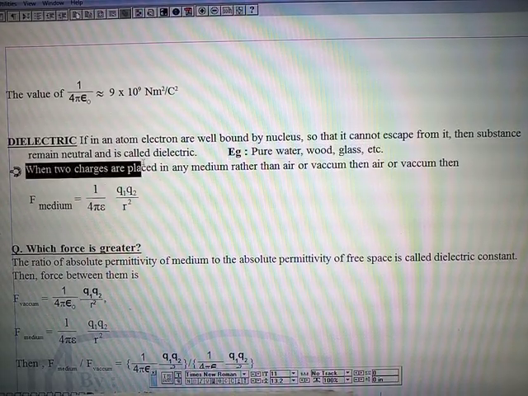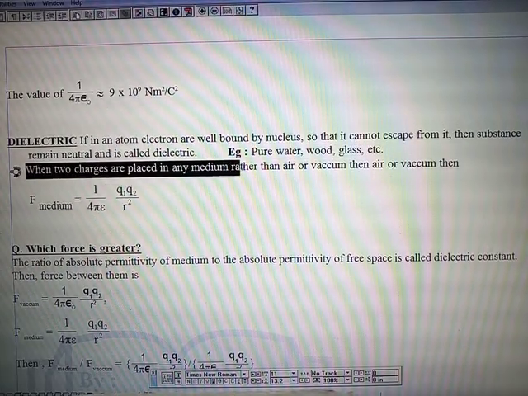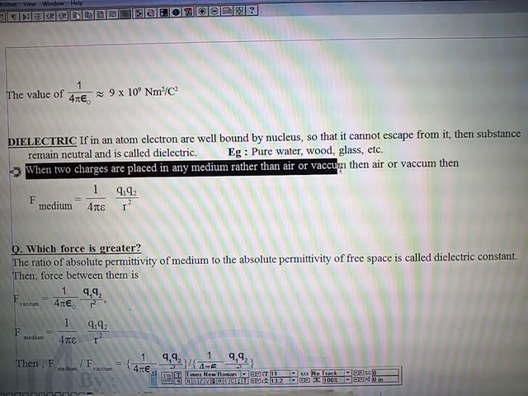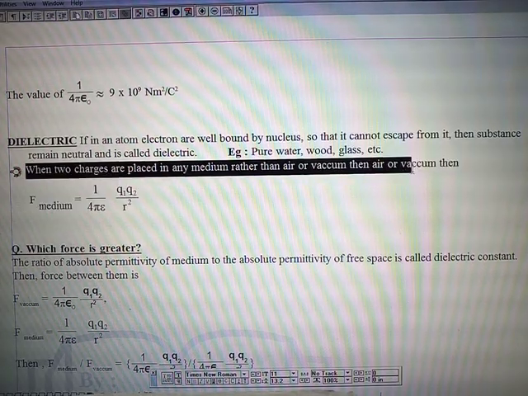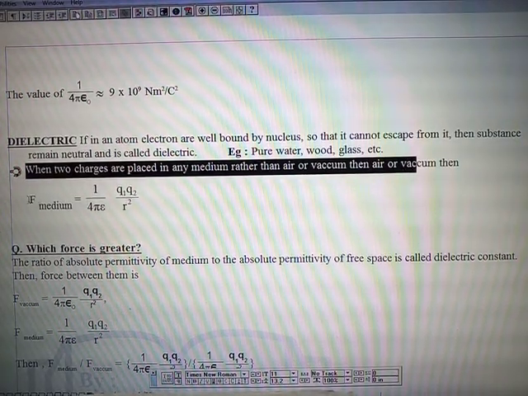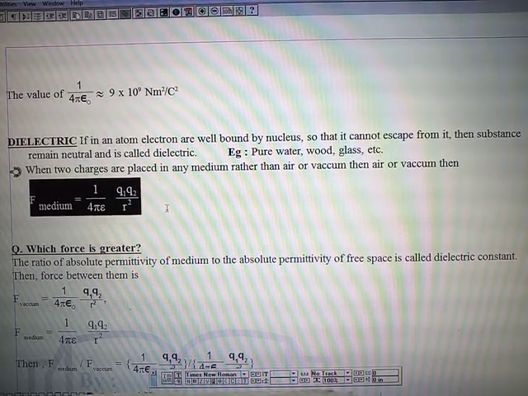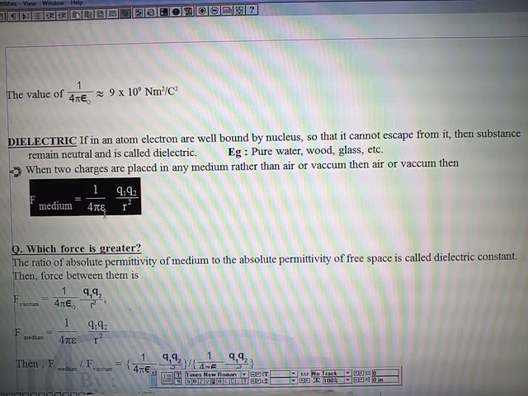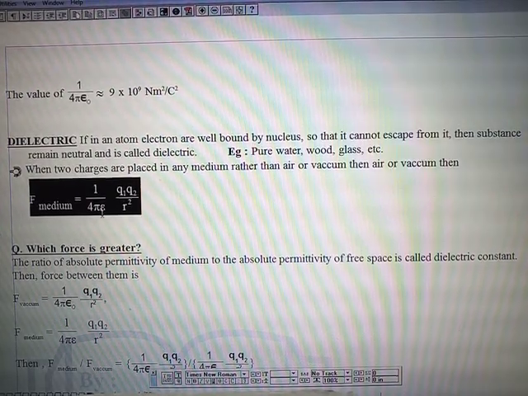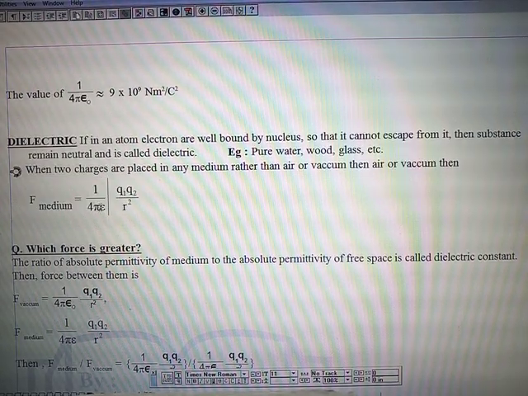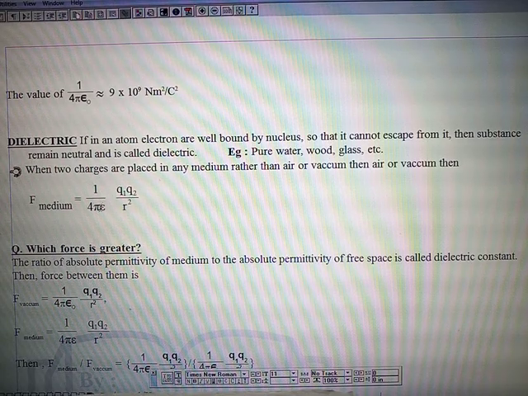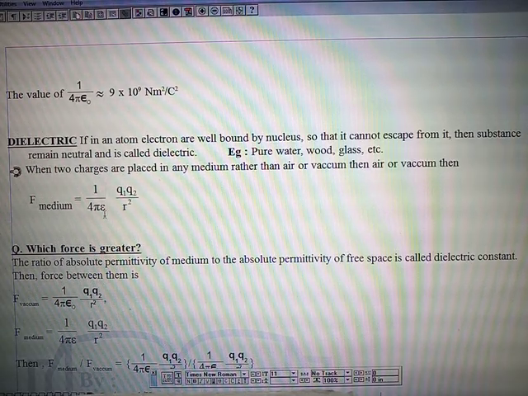When two charges are placed in any medium other than air or vacuum, we write the force of the medium like this. There is no difference between the force in the air and in the medium, but you can see a small epsilon is written here.